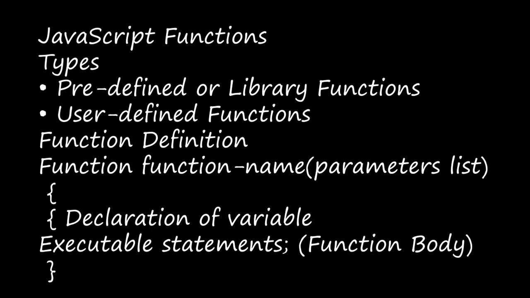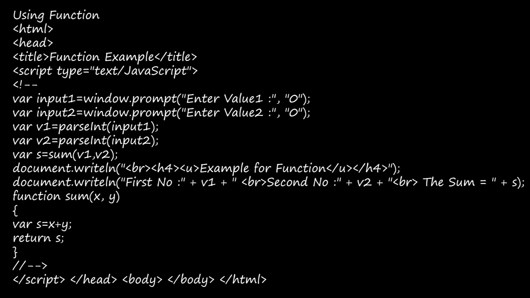And function body must be enclosed by braces. That means you have to write the body of the function inside the braces. Now we are going to see an example using functions.